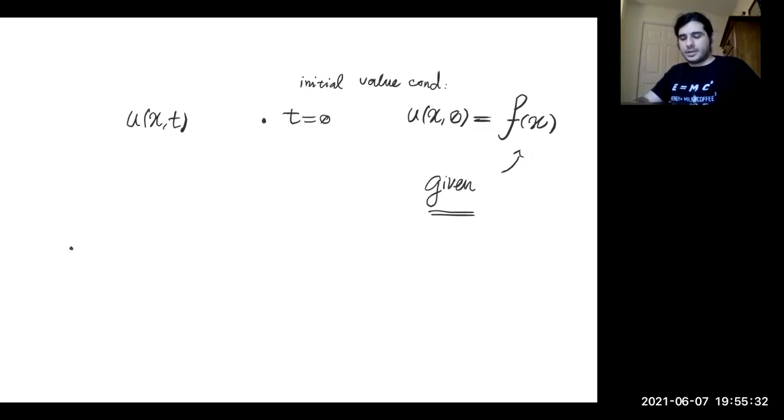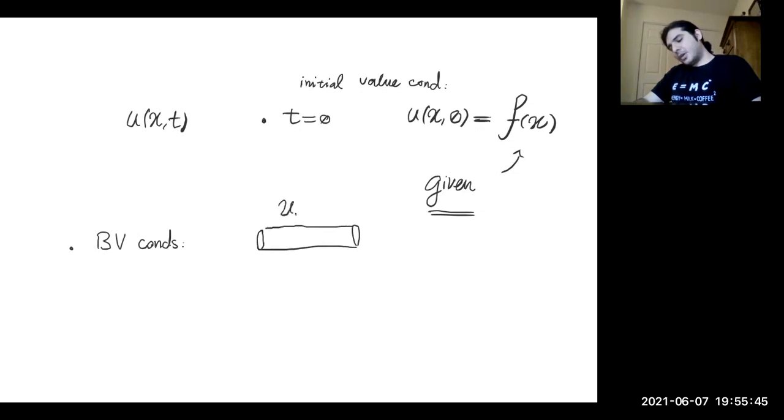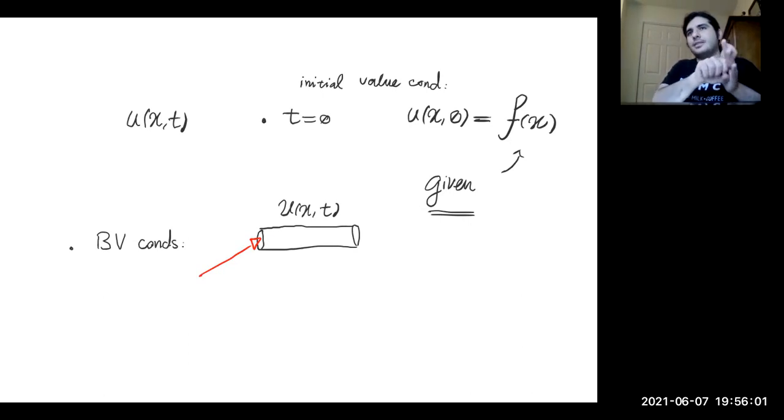Another sort of condition is boundary value conditions. In this bar, we are looking for a function u of x and t. Suppose somehow with some process, we fix the value of u here to be something constant. For example, if it shows temperature, suppose that part is connected to ice, so the temperature there is constant.